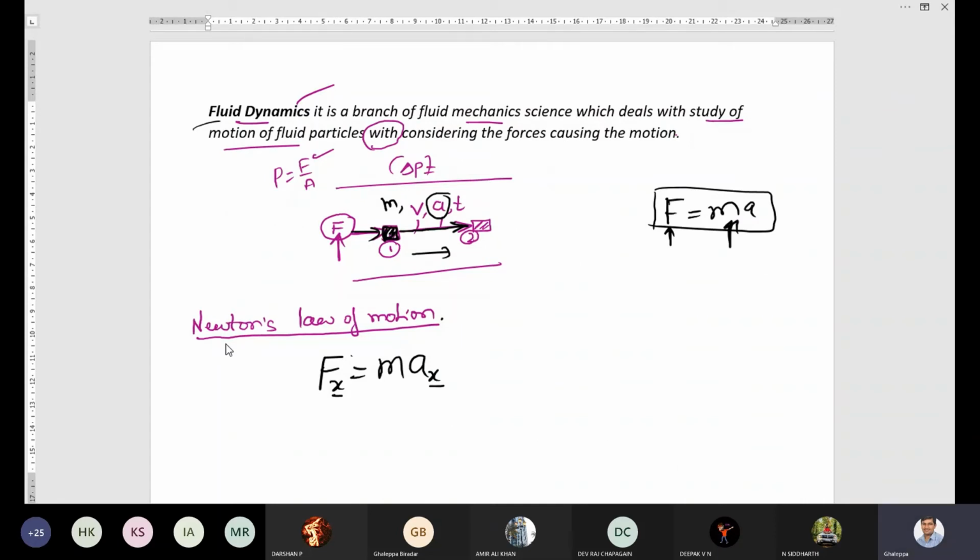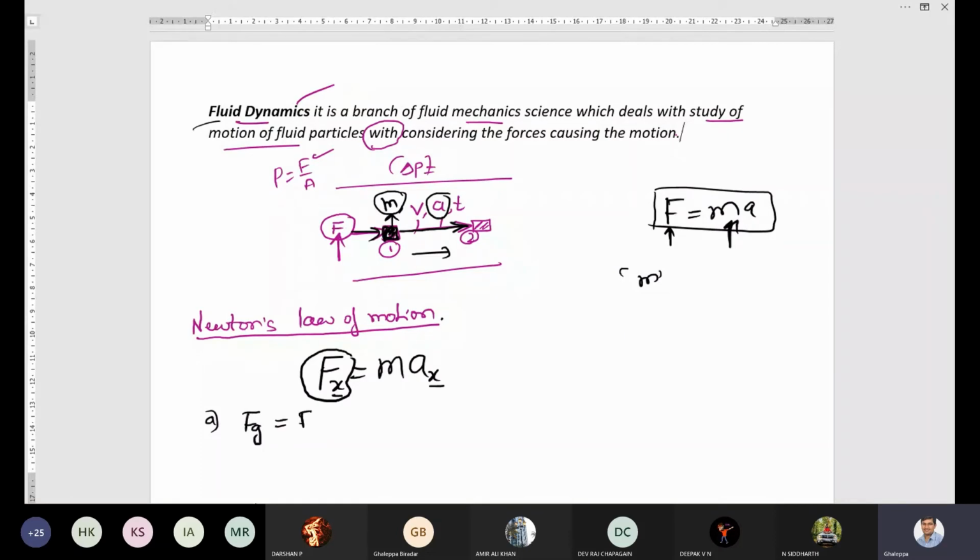Now you will understand the different types of forces that are considered on the fluid particle. The first force is the gravity force, because when I said it has mass, the fluid particle has some mass. When mass is there, obviously some gravity force will be there. So gravity force, that is Fg. What is Fg?